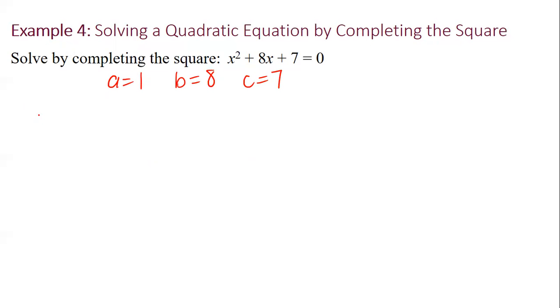Step 1 is to move your c term. In order to move my c term, what am I going to have to do? Subtract. So I'm left with x squared plus 8x plus blank equals negative 7.